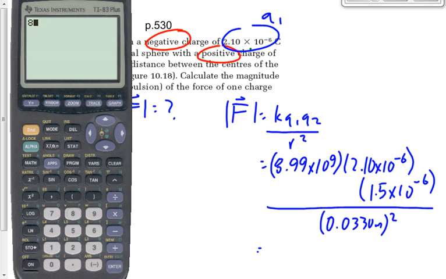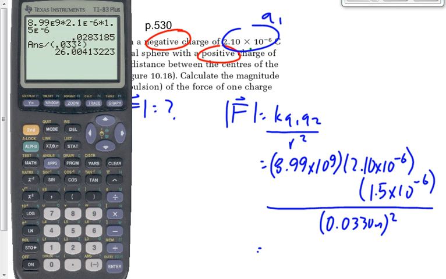Let's say 8.99 times 10 to the 9 times 2.1 times 10 to the minus 6 times 1.5 times 10 to the minus 6. Let's press equals on the top there. And let's divide it by, use some brackets because we've got to square that on the bottom, 0.033 squared, and the bracket.